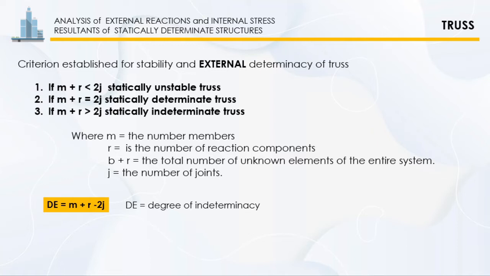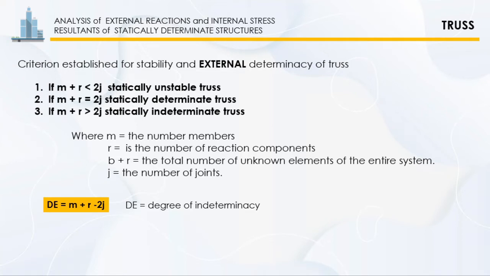If a truss has more unknowns, M plus R, than the available equilibrium equations, 2J, that is M plus R is greater than 2J, all the unknowns cannot be determined by solving the available equations of equilibrium. Such a truss is called statically indeterminate.